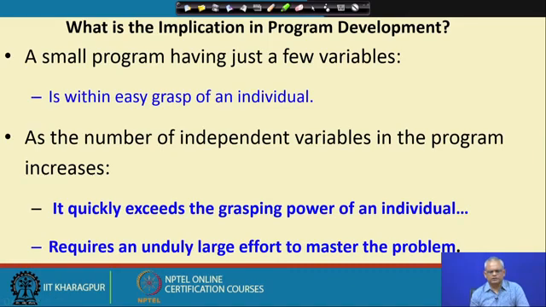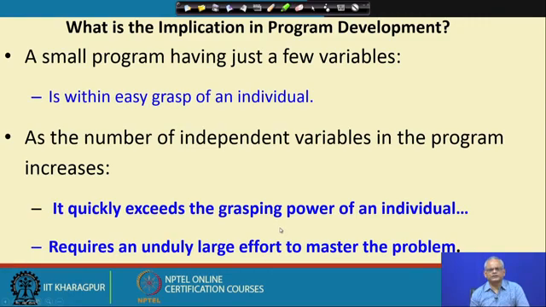As long as the number of independent variables in a program is small, it is easy to understand, but as the number of variables in the code increases, it becomes very difficult to grasp, and requires an unduly large effort to master the problem.